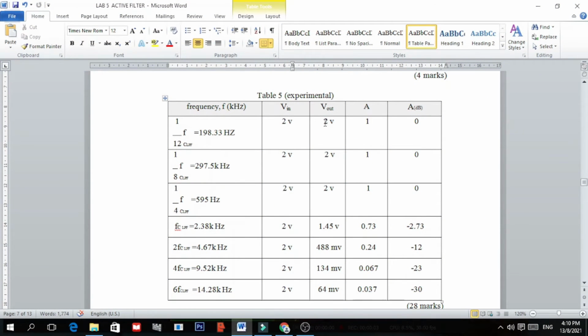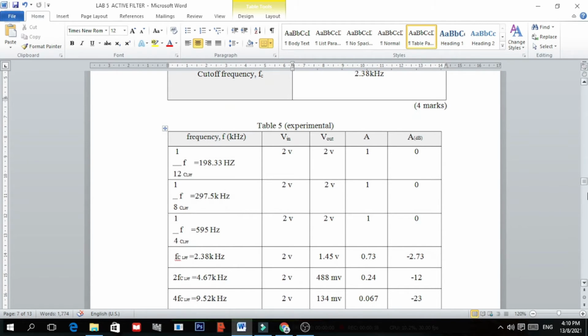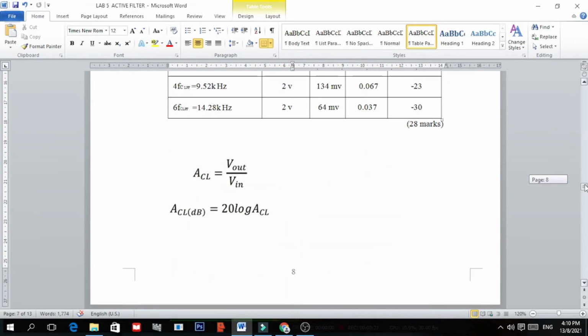As for Vout, we need to replace with the value of the frequency that we get from here into the circuit to find out the Vout. As for the voltage gain, it should be calculated from the formula given here, that is Vout over Vin.